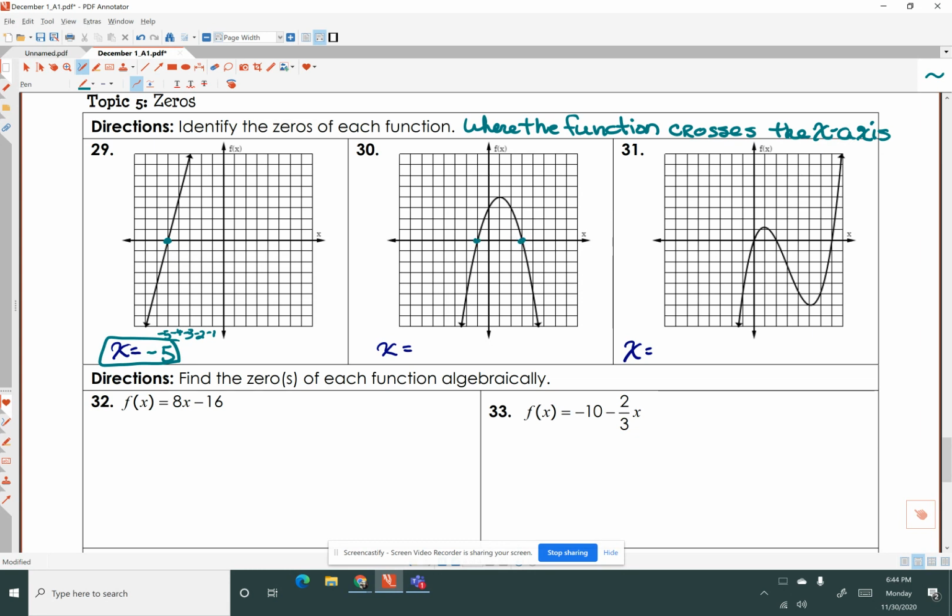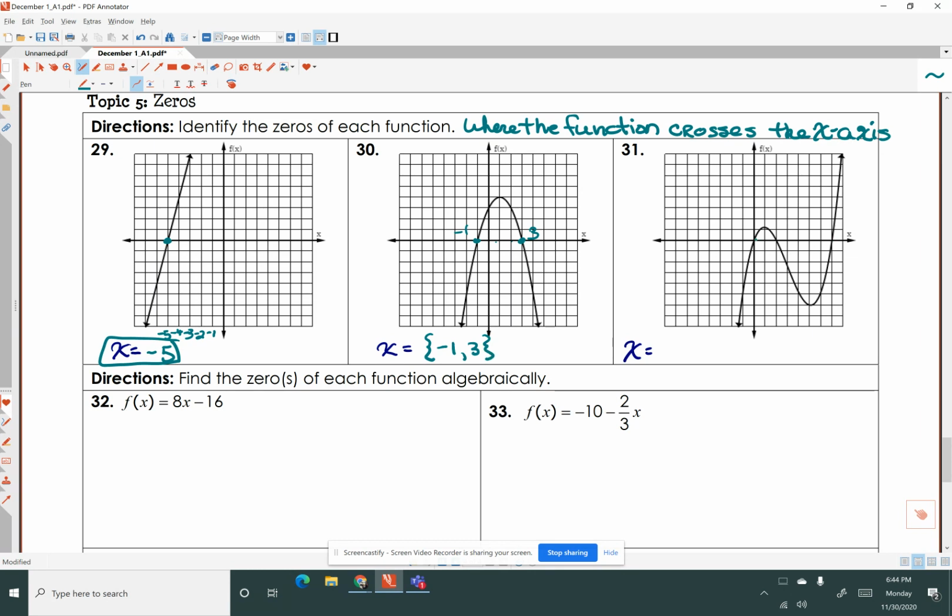When we have more than one answer, we will use set notation. So it crosses at, this looks like -1, and this looks like 1, 2, 3. So x equals -1 and 3. This is a cubic equation.